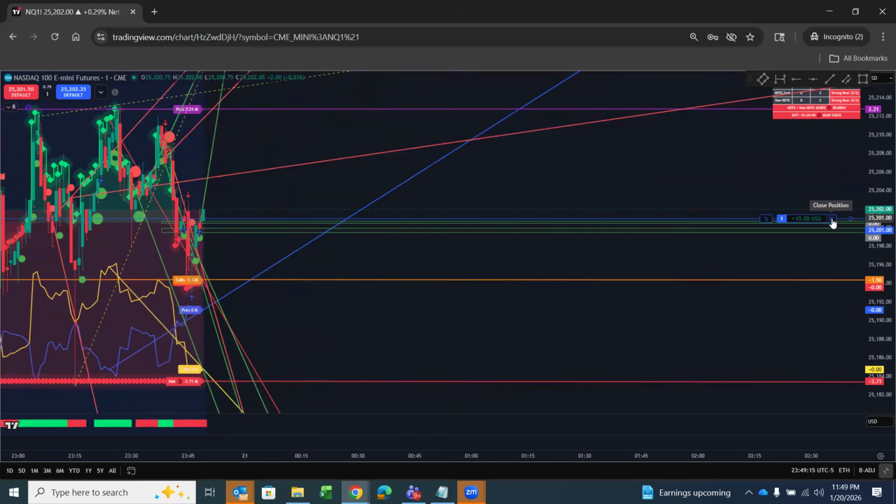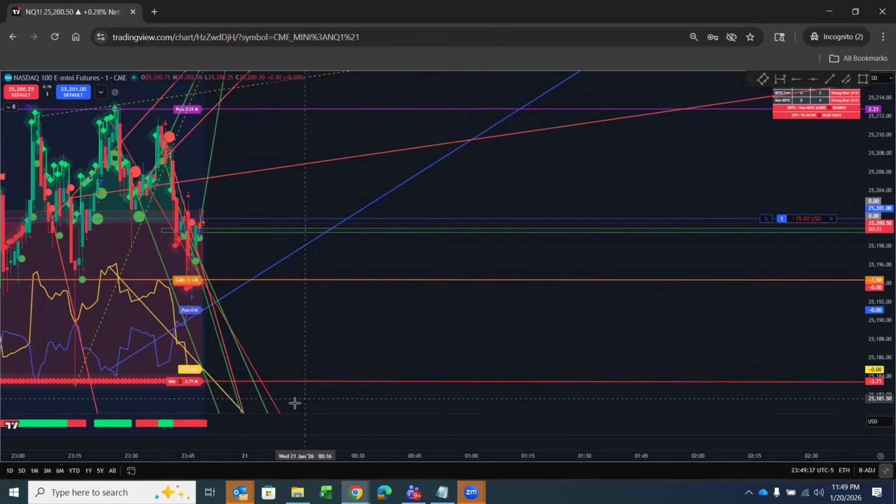What did I say? This is 3 for 3 right now. This is how you can pass your eval super quick. And you can see where the resistance levels are, where you can ride this green trend line up. It's not angling against it. It's gonna allow price to just melt up towards this resistance area right here, 25,205.